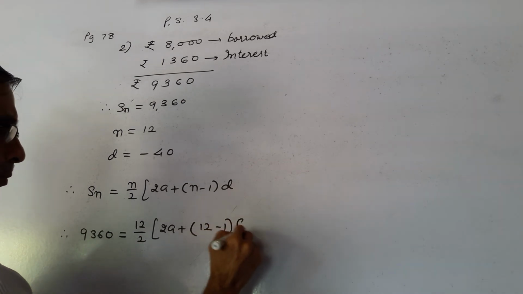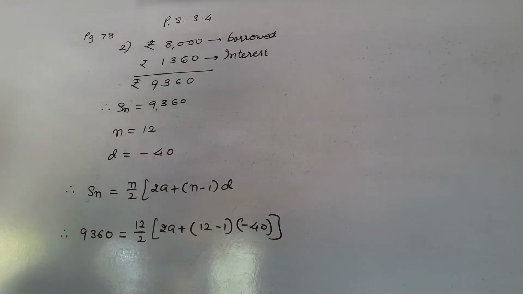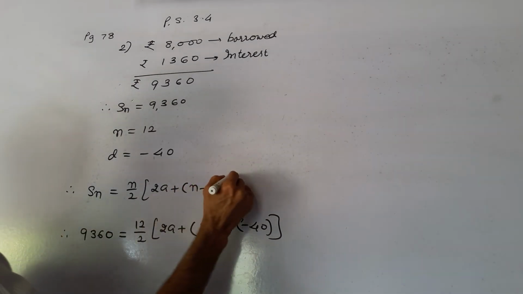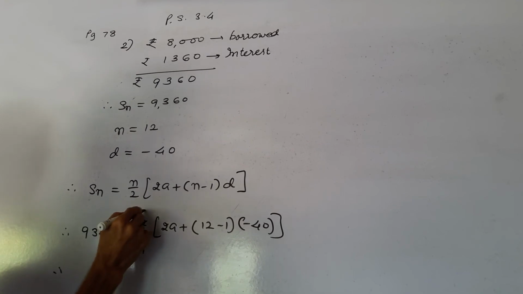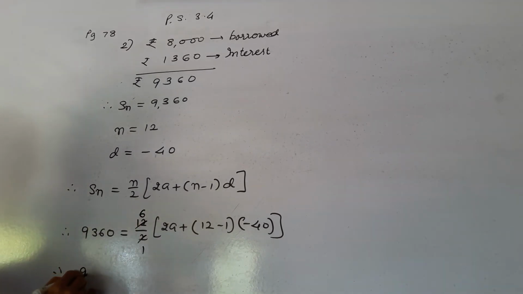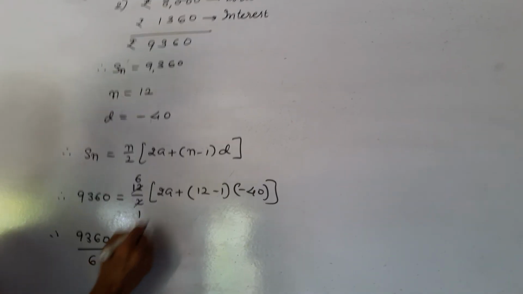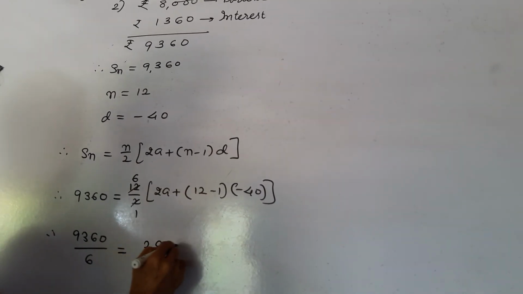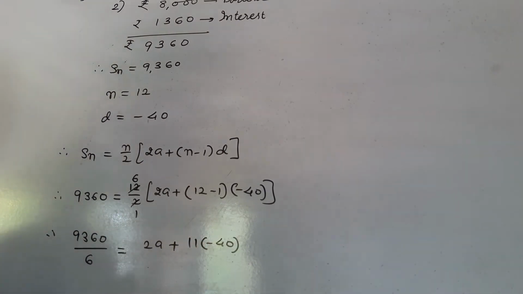The difference is minus 40, so put 40 in a bracket; don't write minus 40 without a bracket, it will be wrong. And therefore here 2 1s are 2, 2 6s are 12, and divide by 6 here, so 9360, and this 6 will come in the denominator, is equal to 2a plus 11 into minus 40. I hope it is clear to you.